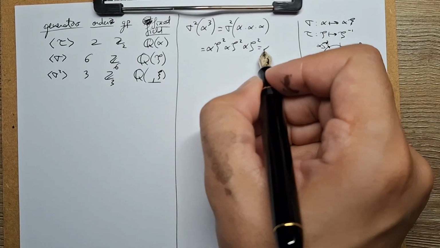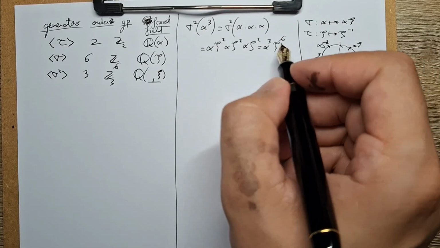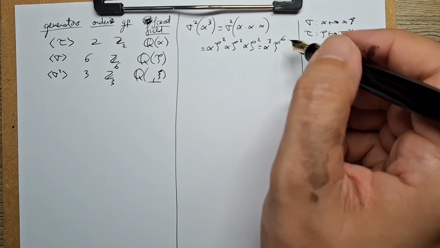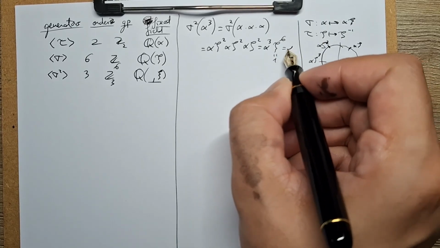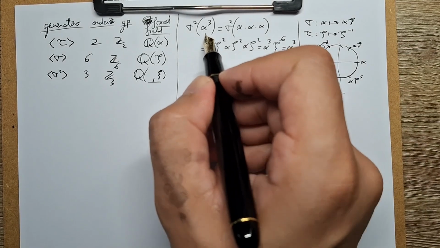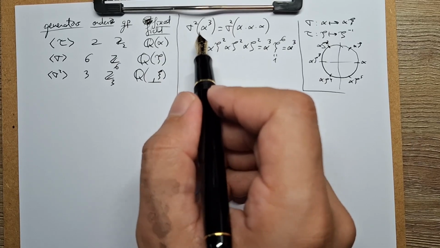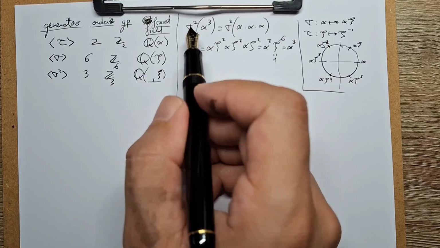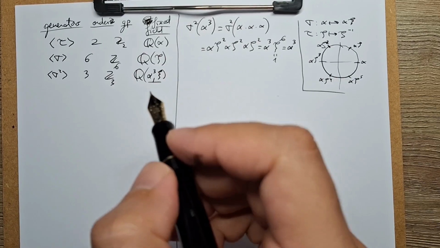This is the same as alpha to the cube, theta to the 6th. And since theta is the primitive 6th root of unity, theta to the 6th is equal to 1. So this is equal to alpha to the power of 3, which is what we had originally. So we see that alpha to the 3 is fixed by sigma squared. So we will place also here alpha to the cube.